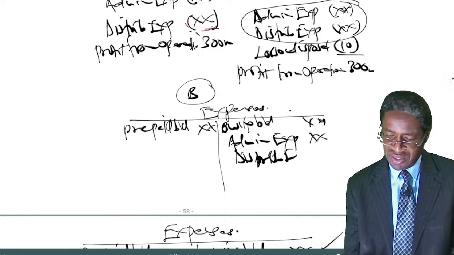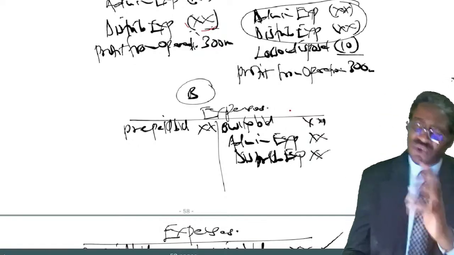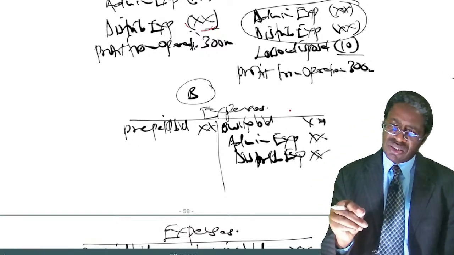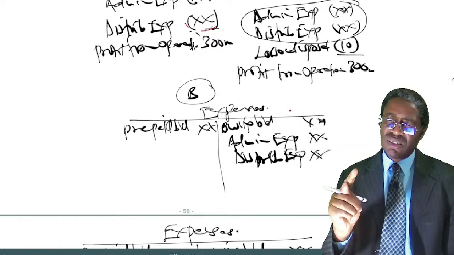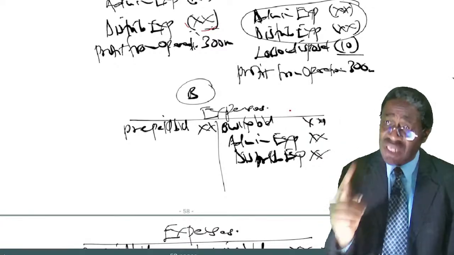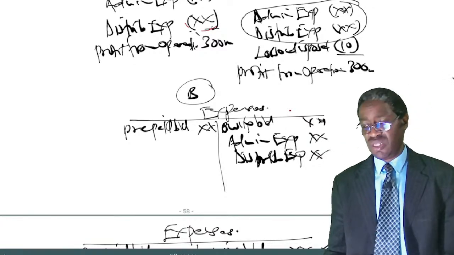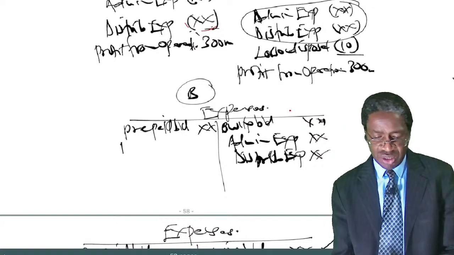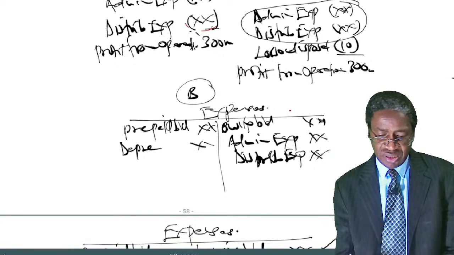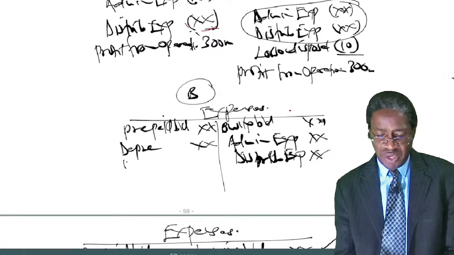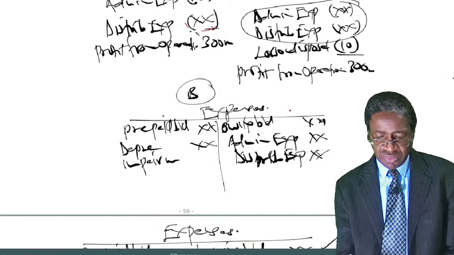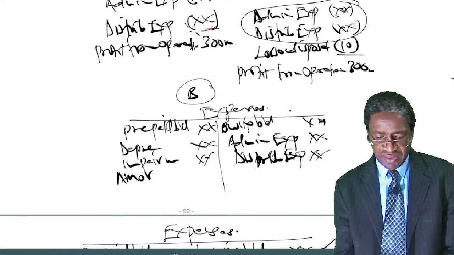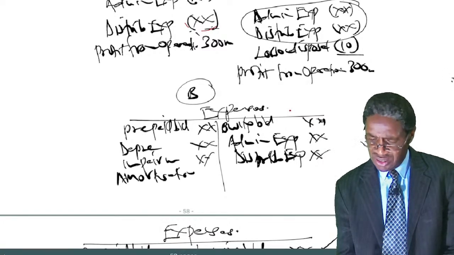Whatever it is. Listen. Then I have told you, ask yourself, within those two charges, are there non-cash expenses or items within them? Yes. One of them could be depreciation, remove. Another one could be impairment, remove. The other one could be amortization, remove. And many others.